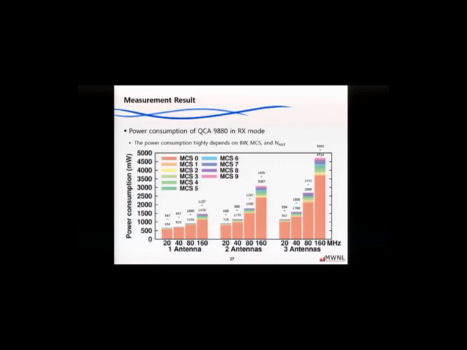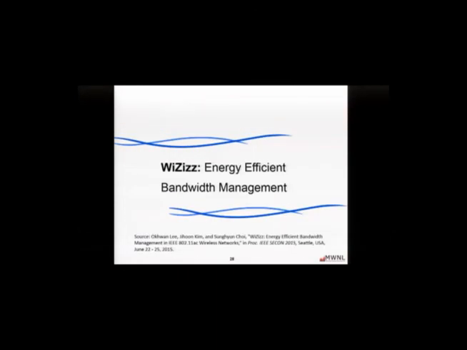this part. Okay? So if we divide the power consumption into power components per each component, basically power for mixer, LNA, low noise amplifier, filter, amp, and so on, and finally for ADC. One key observation in here is power used for ADC is proportional to the bandwidth times the number of antennas.